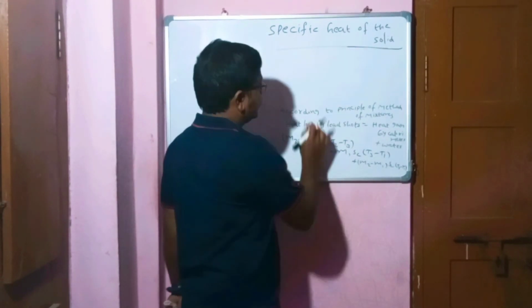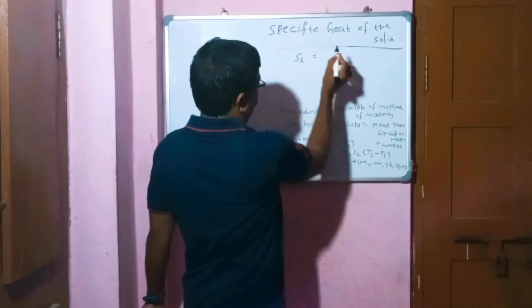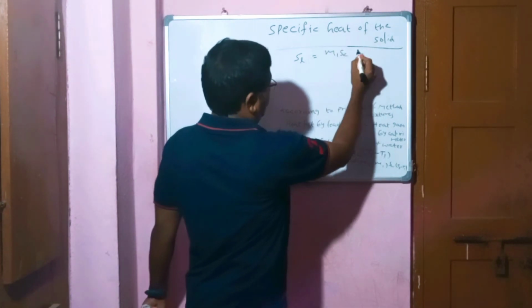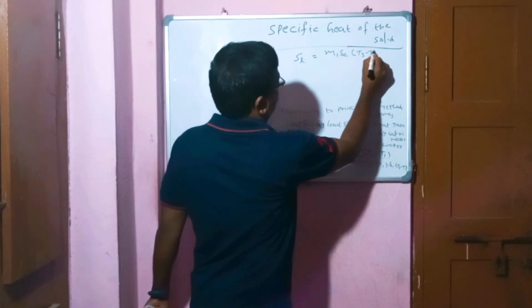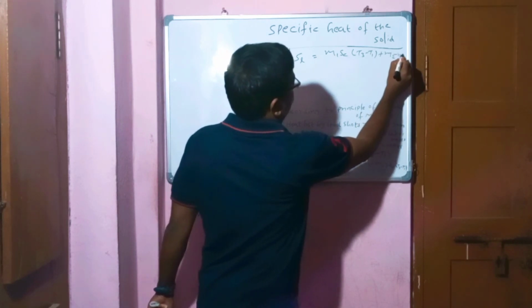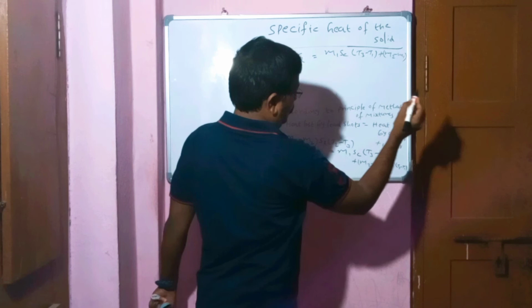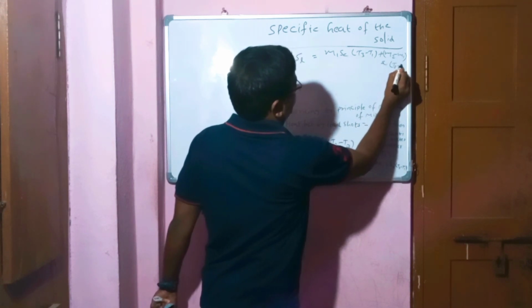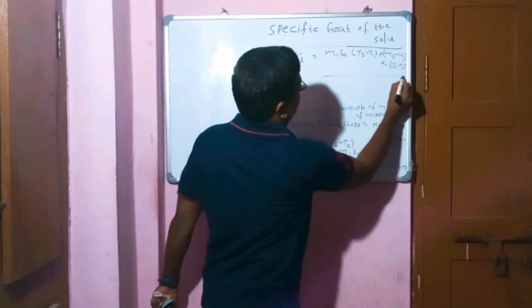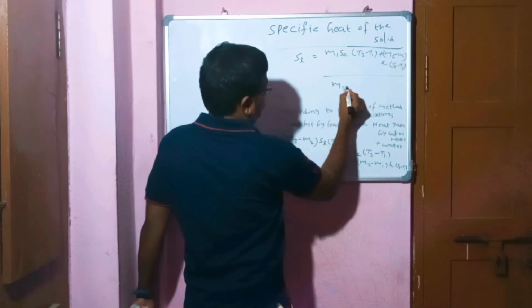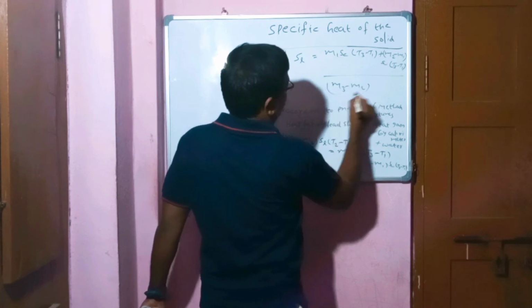Here we want SL. So SL equals M1 SC T3 minus T1 plus M2 minus M1 into SW T3 minus T1, divided by M3 minus M2 into T2 minus T3.